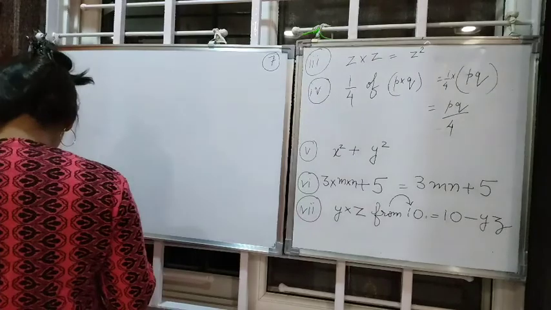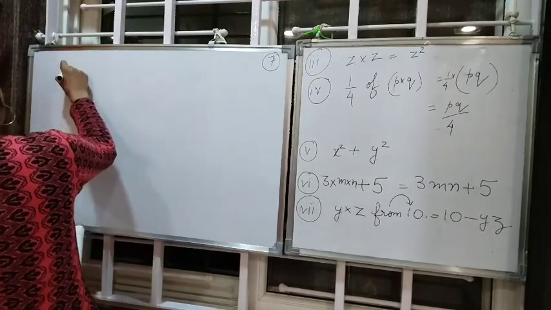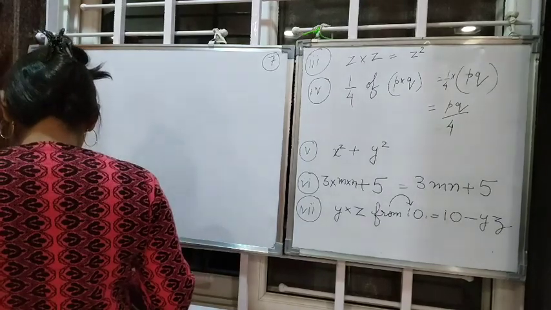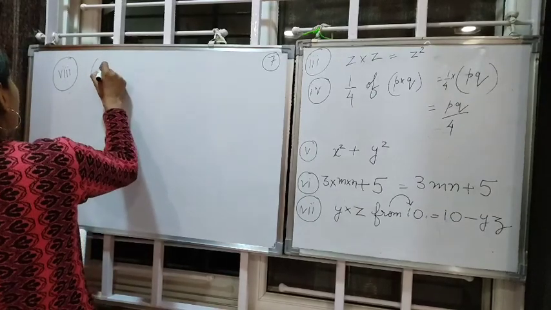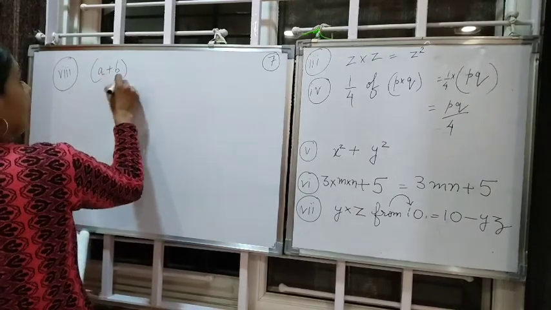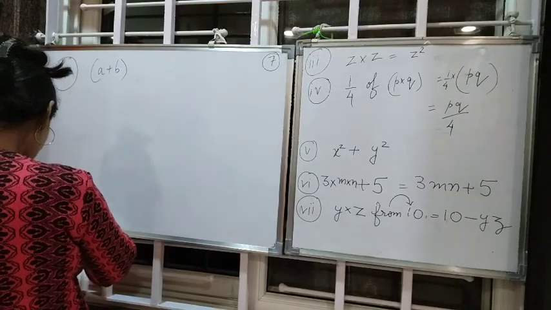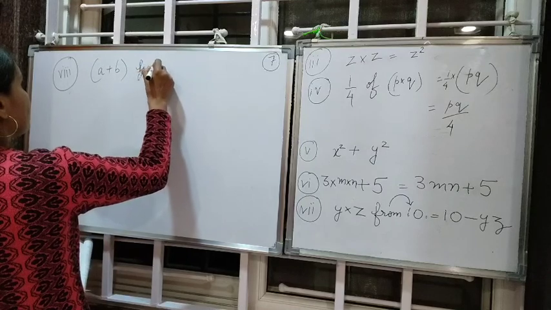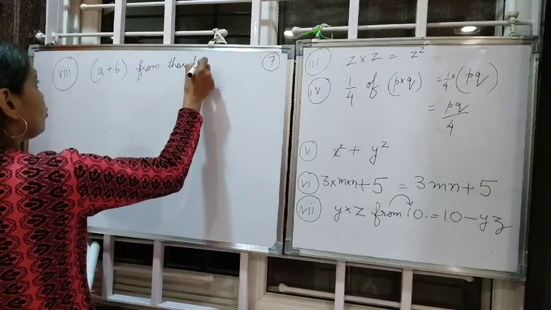And the eighth part is the sum of numbers a and b, that is a plus b, subtracted from their product. Their means whose product?